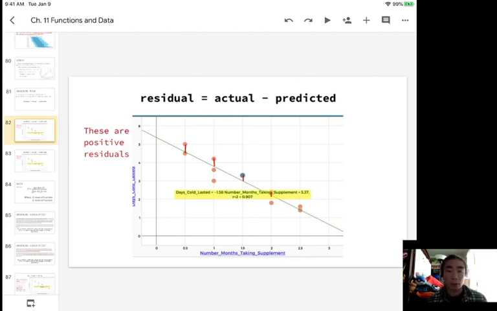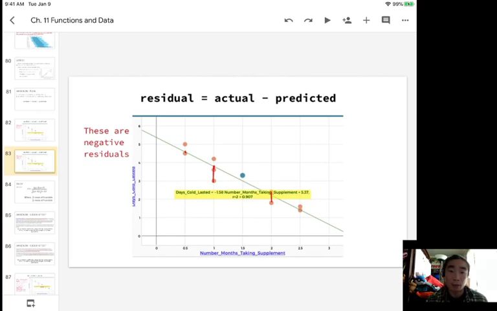As we go to the next one, these at the bottom of the line are negative residuals. So these ones, let's go with this one, for example, right? Your line says the person was sick for maybe like 3.8 days, but actually they were sick for 3 days. So this thing is an overestimate.